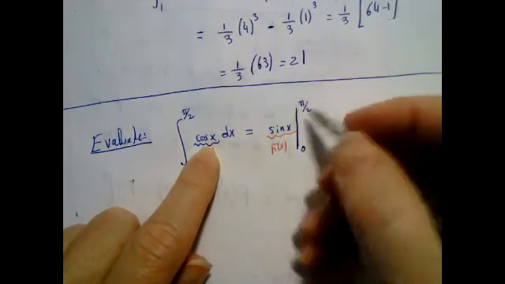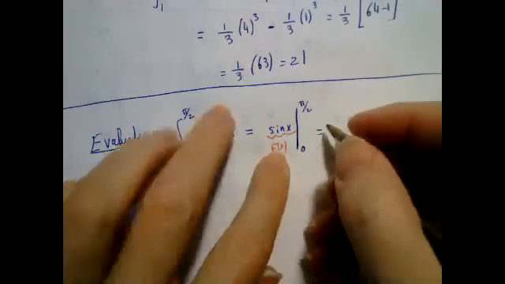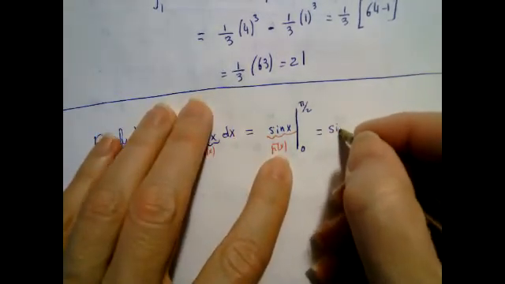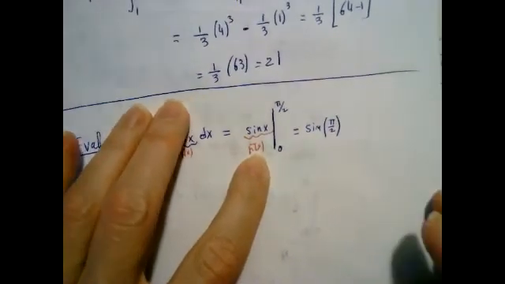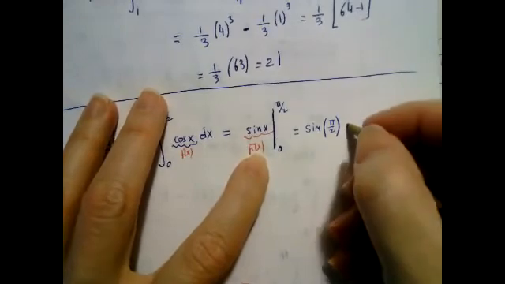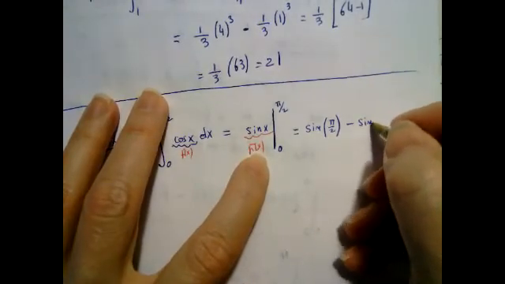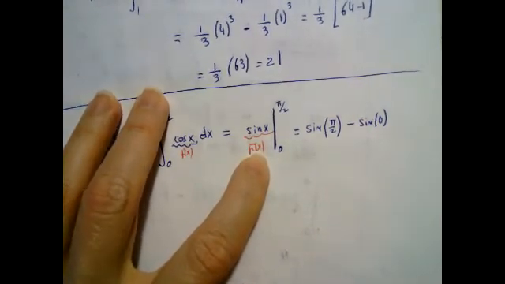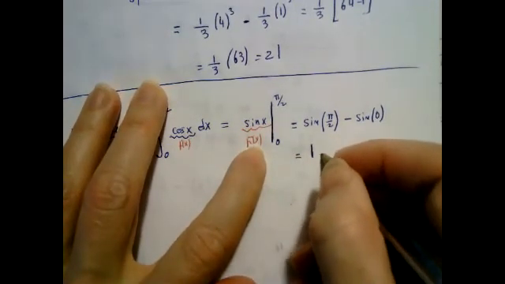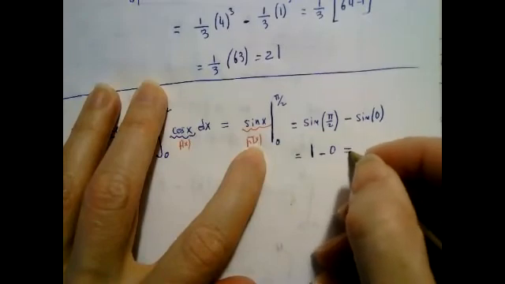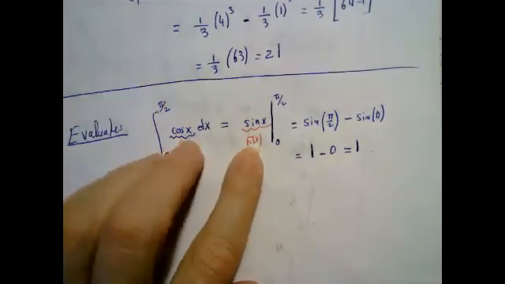Okay. Now what does this mean? It means we're taking this antiderivative and evaluating it at the upper limit, minus the antiderivative at the lower limit. Now sine of pi over 2 is 1, and sine of 0 is 0. This is equal to 1.